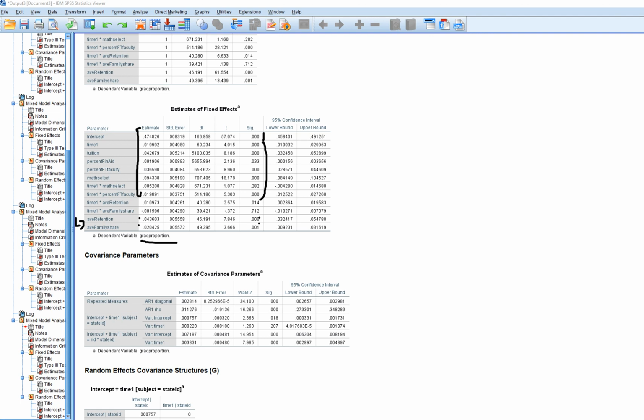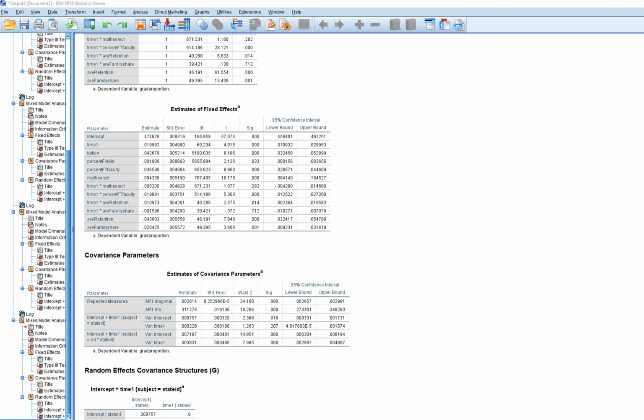And also, the greater the family share of higher ed costs or expenses, the larger the graduation proportion.